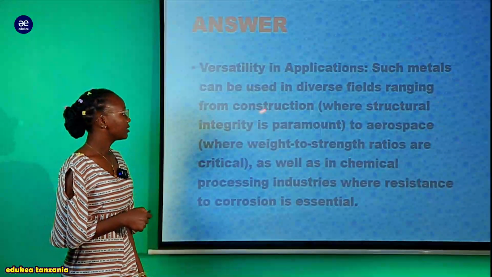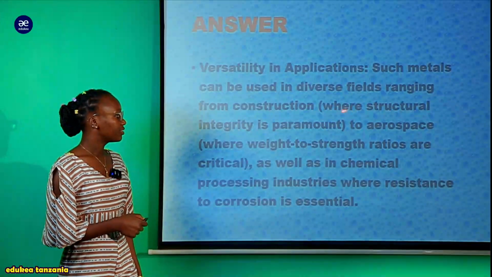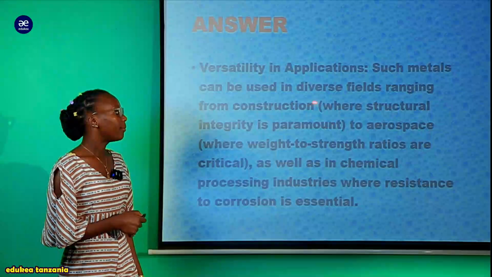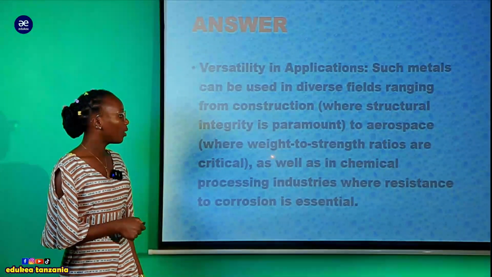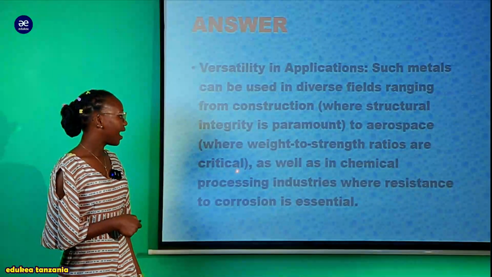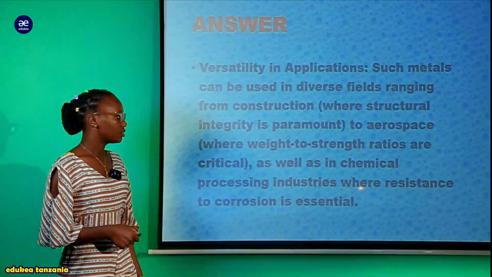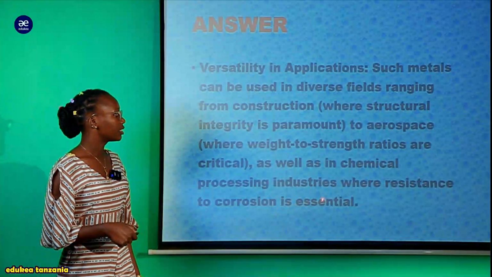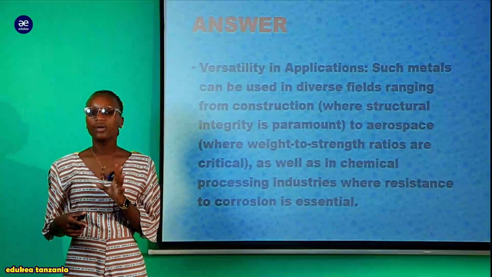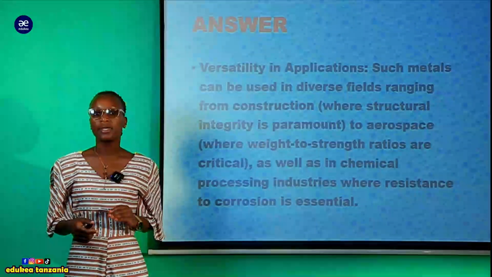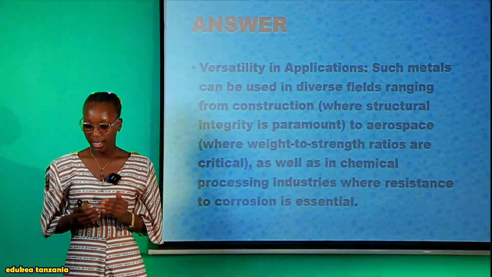So such metals can be used in diverse fields ranging from construction, where structure integrity is paramount, and aerospace, where weight to strength ratios are critical, as well as in chemical processes industry where resistance to corrosion is essential. Kwa hiyo utaona kwamba ile versatility in application inakuwa ni very crucial, kwa sababu tu ile metal imeweza kuattain ile chemical strength and the physical strength at the same time.